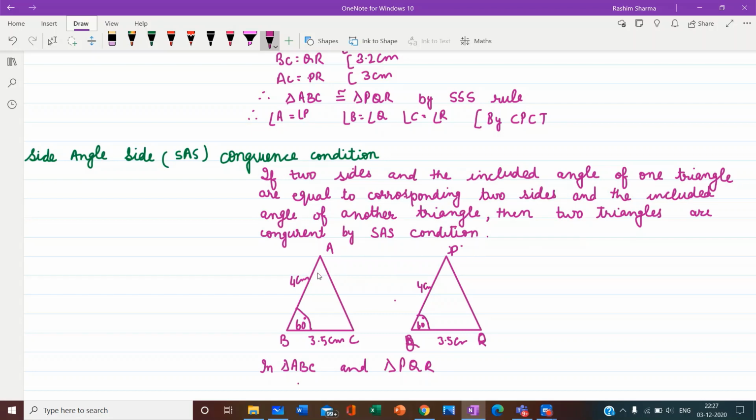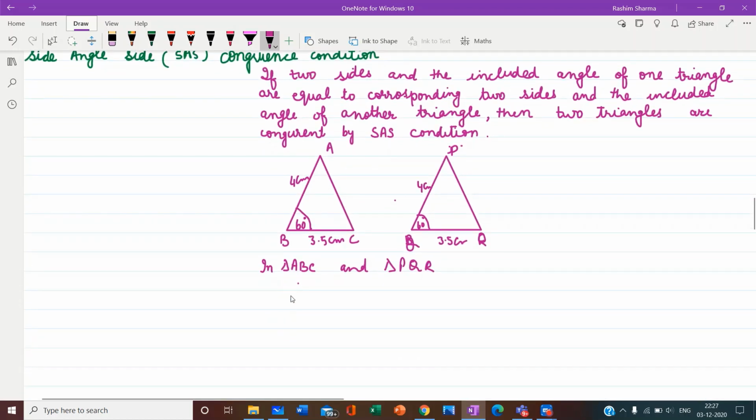Now in this triangle ABC and other triangle PQR, here we can see AB is equal to PQ because each is given 4 centimeter. Now second thing is included angle. Included angle is here angle B, and in the other triangle included angle is angle Q. Angle B is equal to angle Q because each is 60 degree.